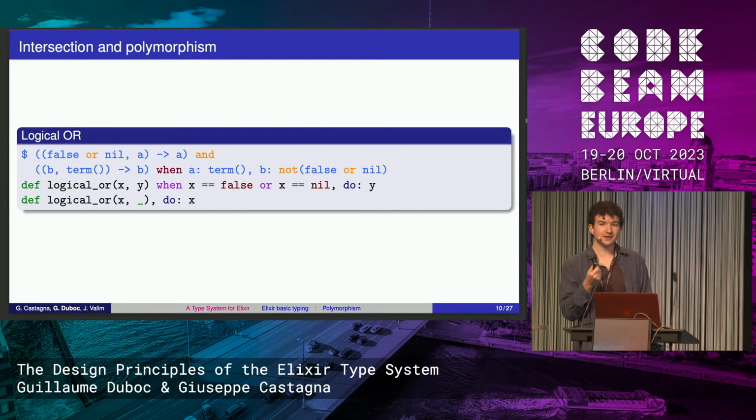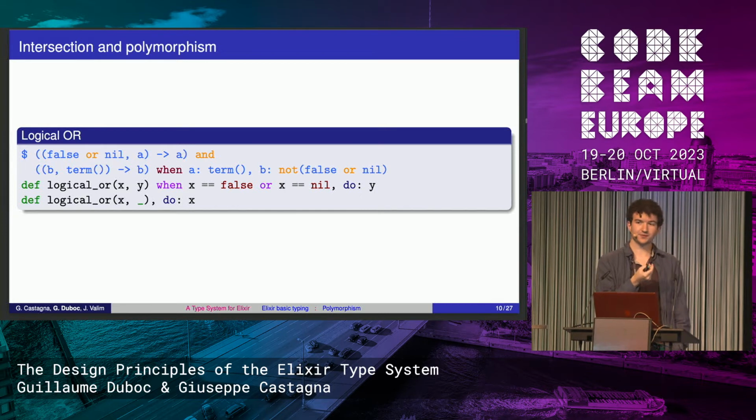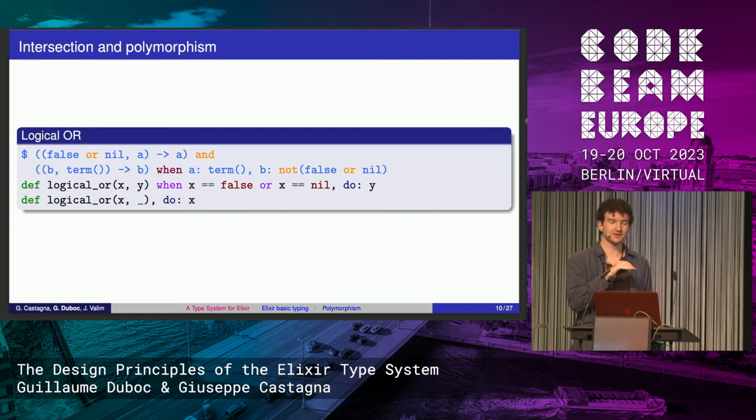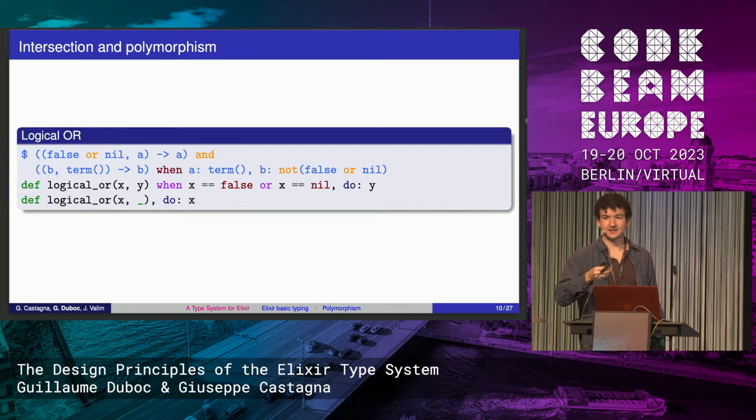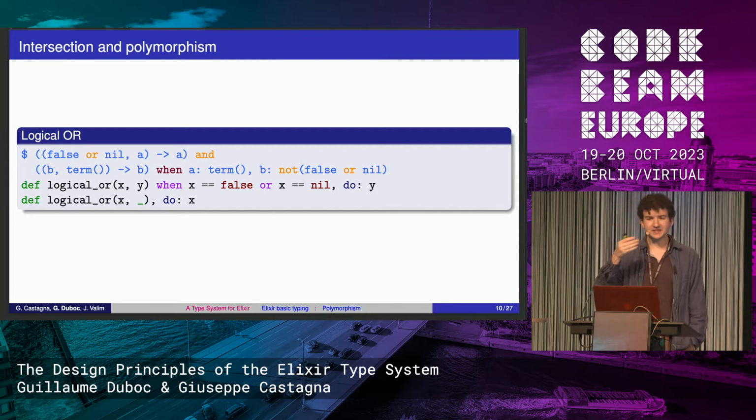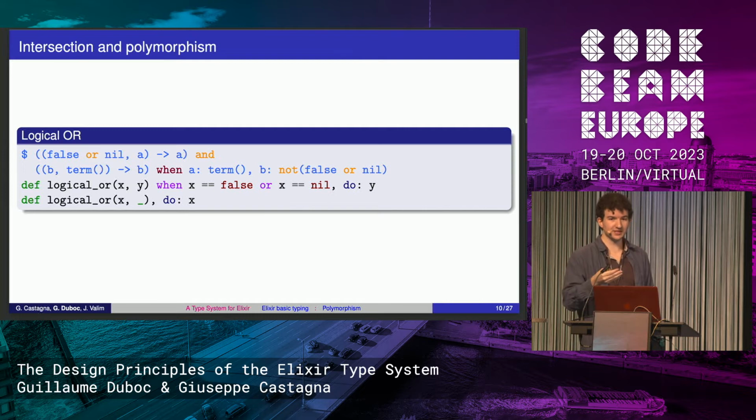And here you can be even more precise, and you can put an upper bound on B, telling you that it can take any value beside false or nil. And this is due to those negation types. They appear especially because of pattern matching.